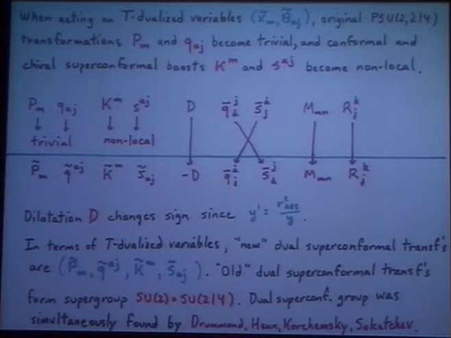So of course, after doing fermionic and bosonic T-duality, you still have an AdS5 times S5 background, which is PSU(2,2|4) invariant, but these generators of the new PSU(2,2|4) were not generators of the old ones. So these are the new dual superconformal transformations. And the old ones turn out to form this subgroup of PSU(2,2|4). Okay, so this dual superconformal group, of course, as will be described in the next talk, was simultaneously described by other authors. Okay, so let me go to conclusion.